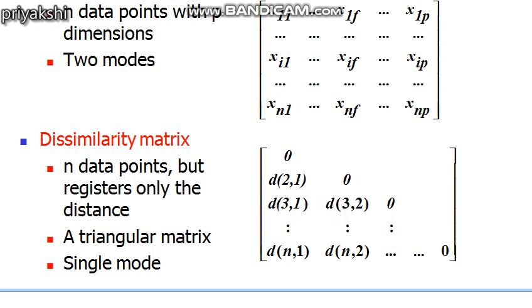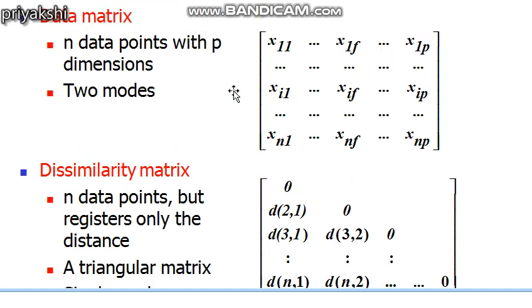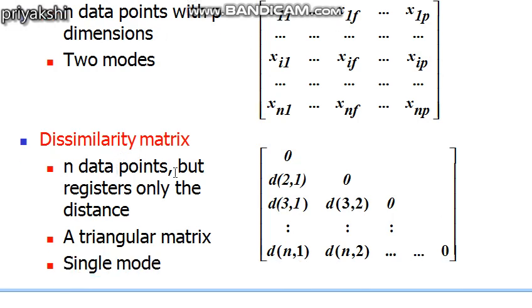Whenever you get a data matrix, just remember that it is given in matrix format where rows represent the students and columns represent their attributes: height, weight, performance, attendance, date of birth, address. To find the dissimilarity matrix, we have to find the distance between every student pair.